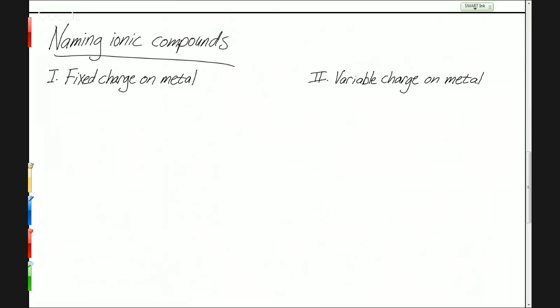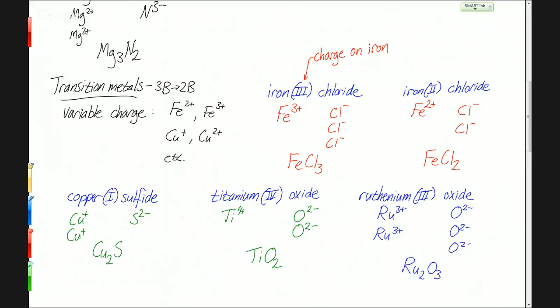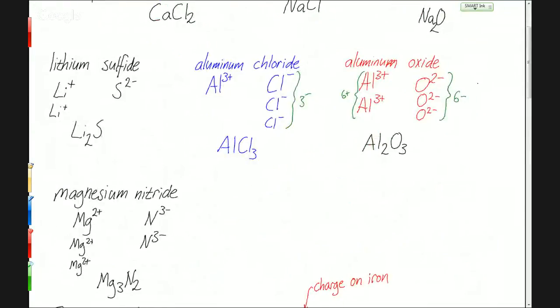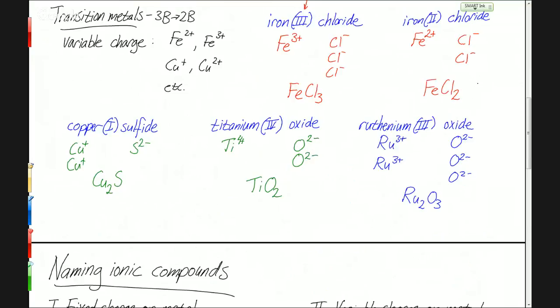Right. So remember, last time we looked at two types of names. One where we knew the charge because we could look it up on the periodic table or we could use the valence electrons to figure it out. And then at the end of class, we looked at a different kind of metal where you can't do that. These transition metals where we said, we don't know the charge of that. So we have to be told it.